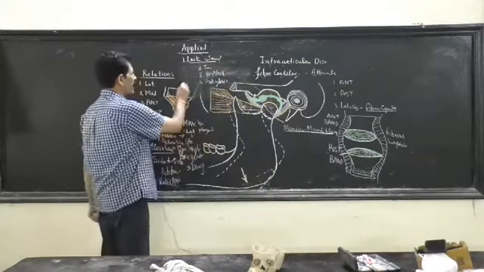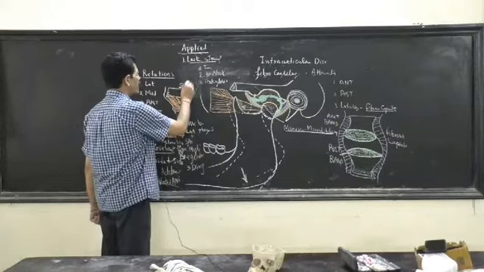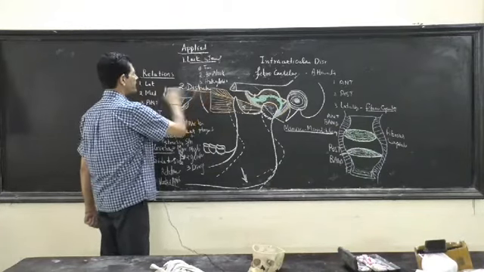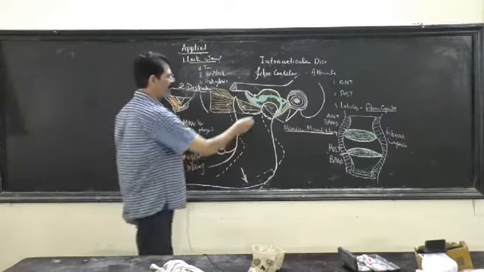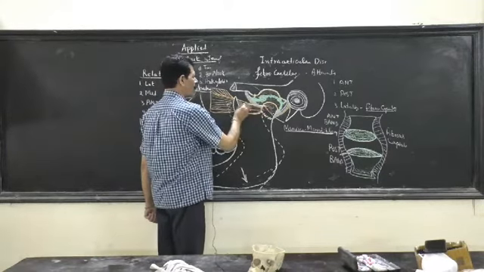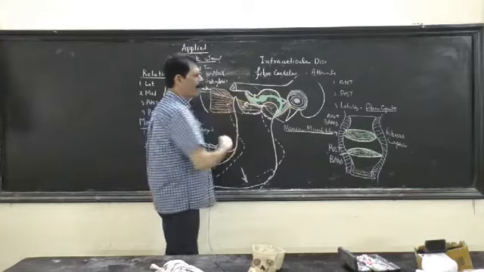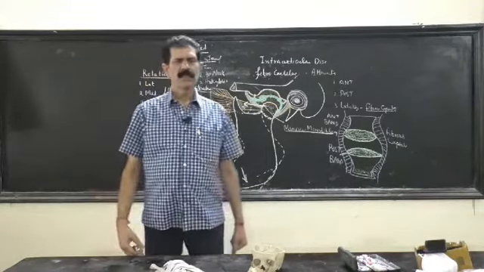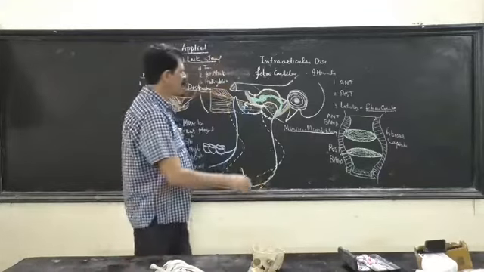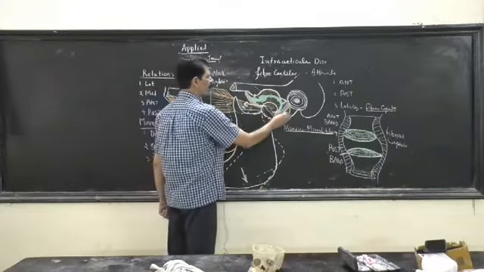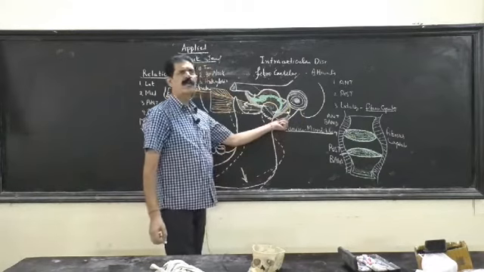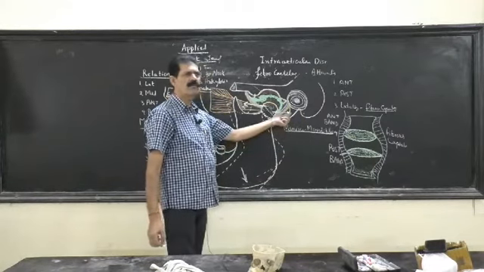Another applied you can write down is about the dislocation. Anterior dislocation is the most common dislocation of the TM joint. Why? Because posteriorly it can't go, because posteriorly there is the mastoid and the styloid process. So bones won't allow.